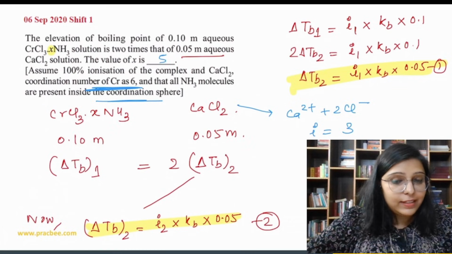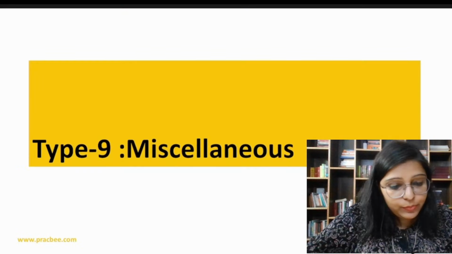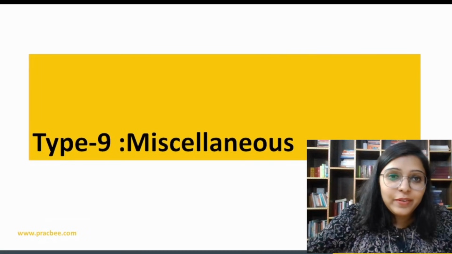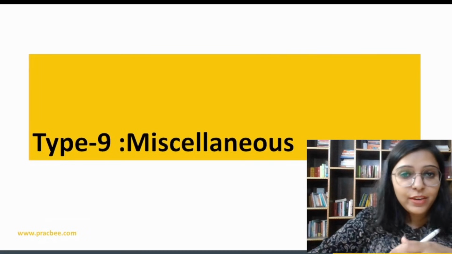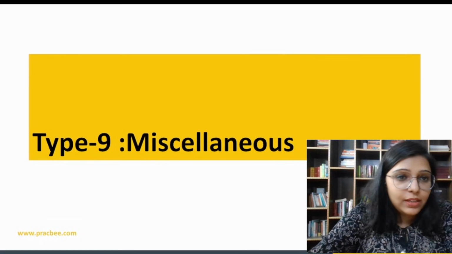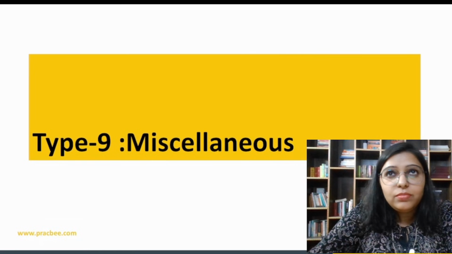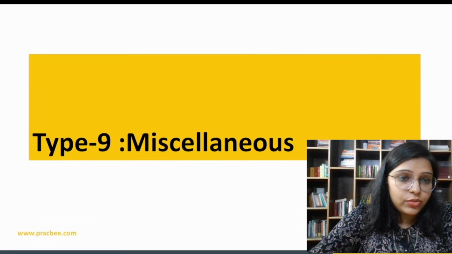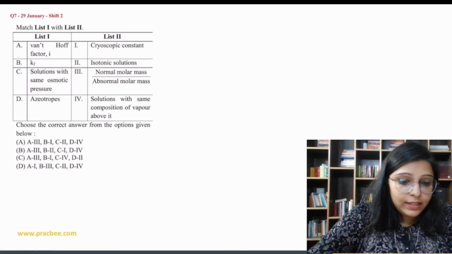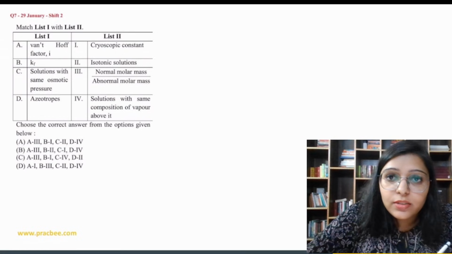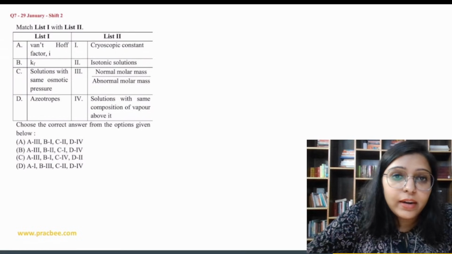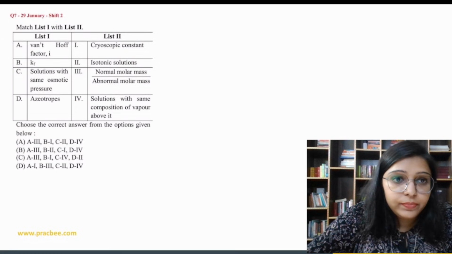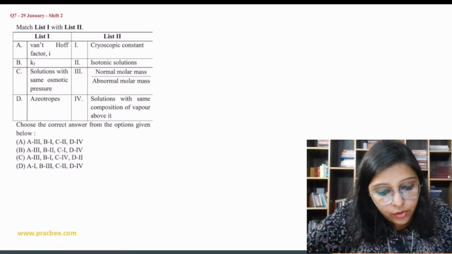Got it? That's it. Now we are moving to our last type. Here we are going to discuss miscellaneous questions. So miscellaneous questions means we are going to apply different concepts to solve the question, right? So let's see. The first question is list 1, Van't Hoff factor, right? So Van't Hoff factor is what?